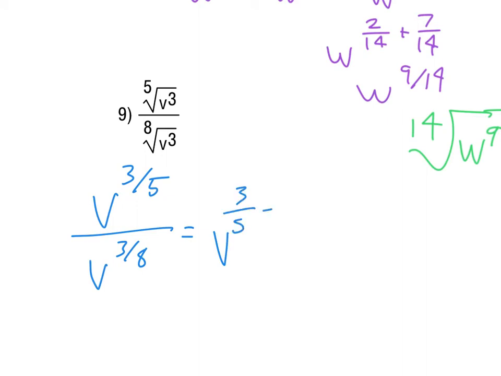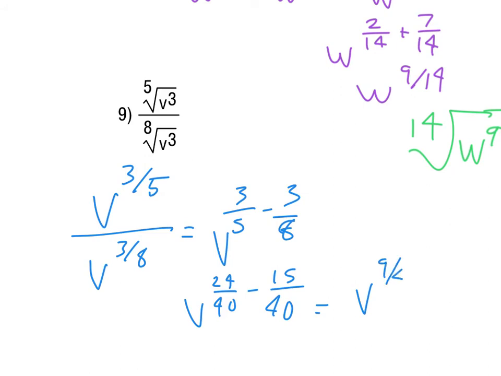We have 3/5 minus 3/8. Again, your calculator can do 3/5 minus 3/8, otherwise the least common denominator would be 40. So 3/5 would be 24/40, and 3/8 would be 15/40. And so we find our difference there to be 9/40.